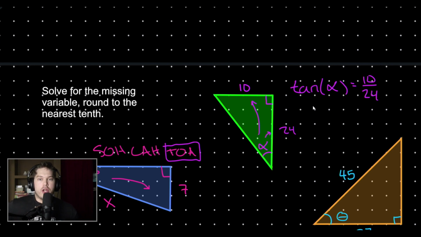And then if we want to know the value of alpha, we're going to apply the arctangent function to both sides. Therefore, we're going to have alpha equals the arctangent of 10 over 24.